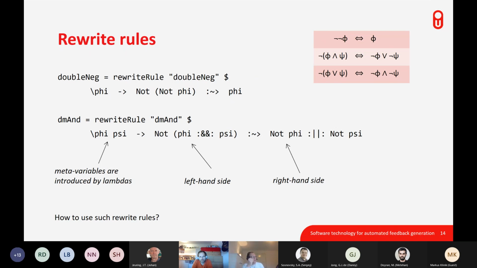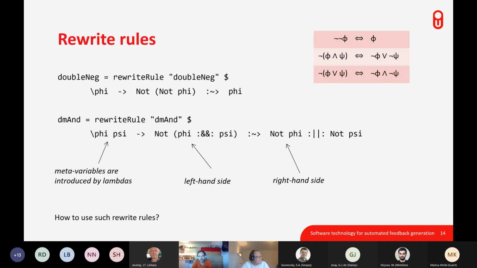And in our representation, in our embedding in Haskell, you can use lambda abstractions for this. So I'm going to represent a formula as a lambda function, where I'm going to introduce, in this case, the phi and the psi, using the normal scoping mechanism that is in Haskell. And as you can see, these rewrite rules, they have a left-hand side and they have a right-hand side in this case.